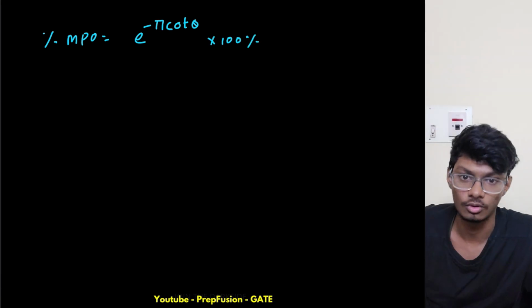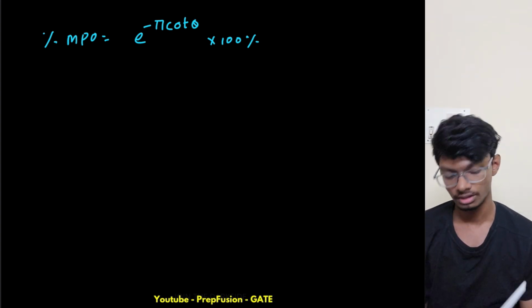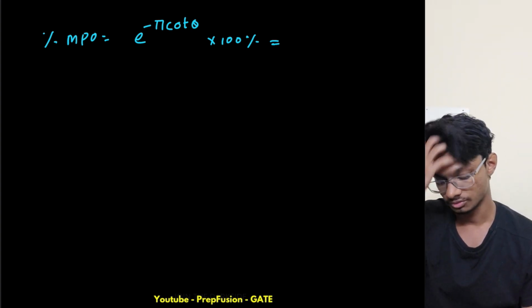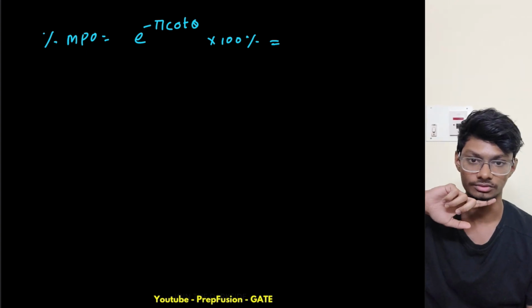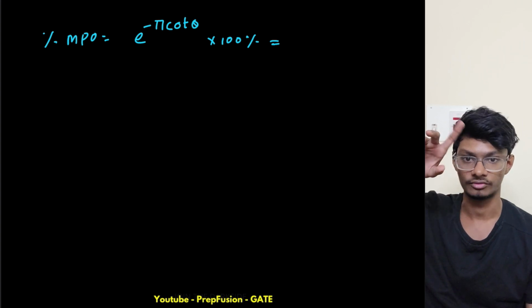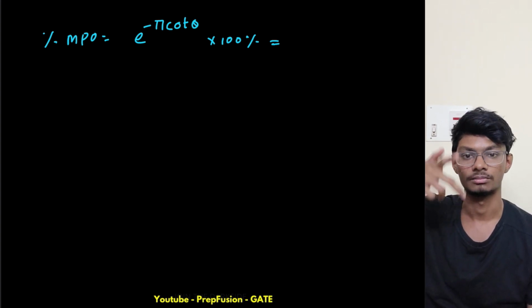Now can I rewrite this expression? It may happen that finding cot theta is difficult, but generally finding cot theta is easy. I will tell you why. But if you want to solve this in terms of zeta only, what is cot theta equal to? Cot theta is the inverse of tan theta, and tan theta was simply omega d by zeta omega n. In terms of omega n, it is under root 1 minus zeta square by zeta. But I have to find the inverse of this because it is cot theta.